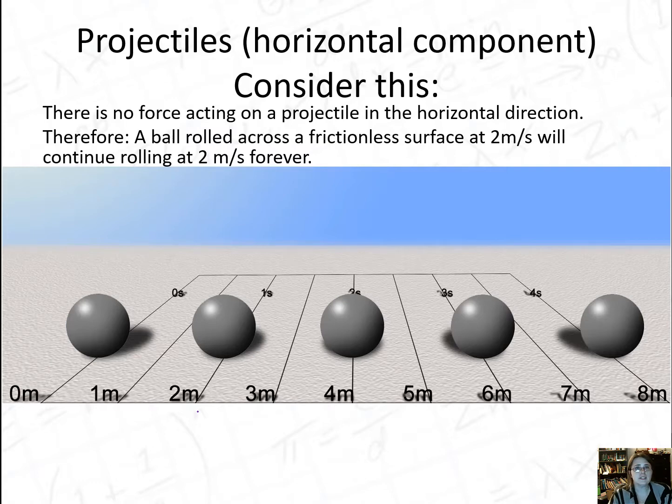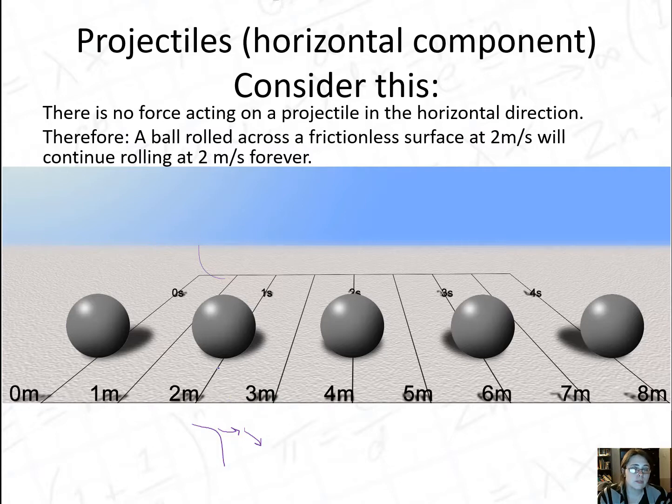So something to consider. A projectile, and one that's easy to visualize is a projectile that's launched off a cliff. This is a horizontally launched projectile. If a ball is thrown off a cliff, there isn't a force acting on the projectile in the horizontal direction after it leaves the person's hand.